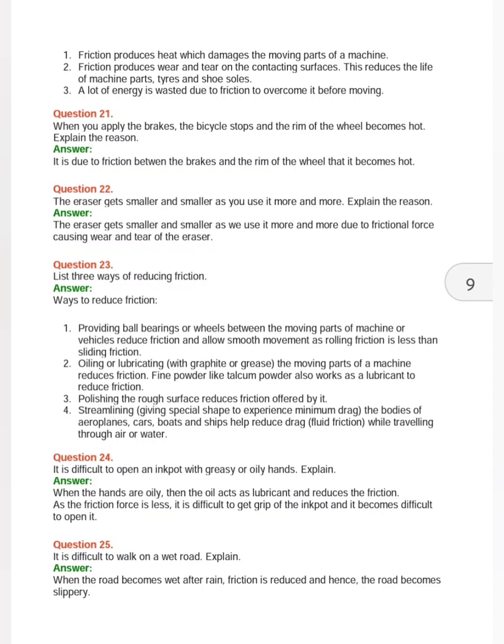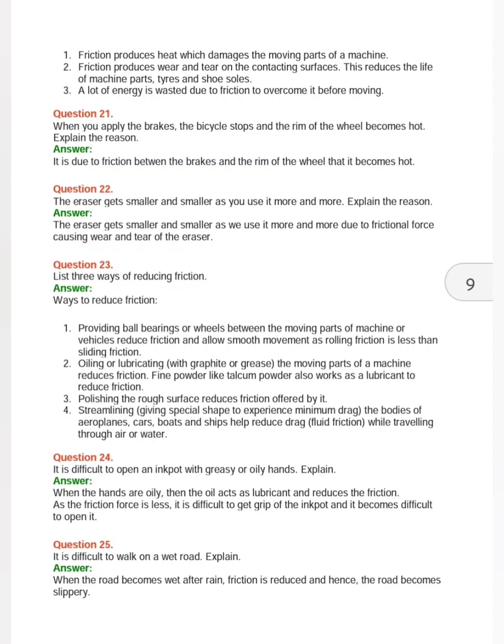Fine powder like talcum powder also works as a lubricant to reduce friction. 3. Polishing the rough surface reduces friction offered by it. 4. Streamlining, giving special shape to experience minimum drag. The bodies of aeroplanes, cars, boats and ships help reduce drag, fluid friction, while traveling through air or water.